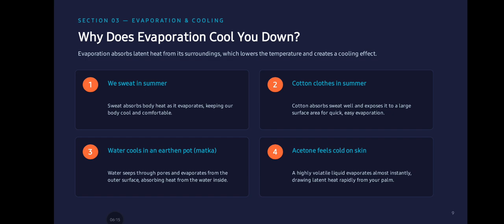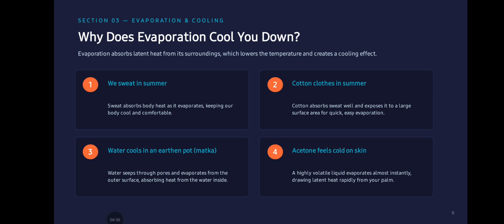Why does vaporization cool you down? Vaporization absorbs latent heat from its surroundings, which lowers the temperature and creates a cooling effect. First, we sweat in summer. Sweat absorbs body heat as it evaporates, keeping our body cool and comfortable.